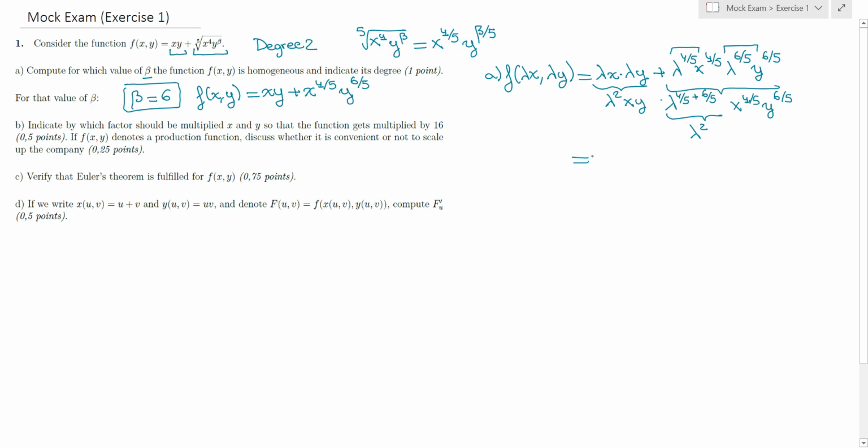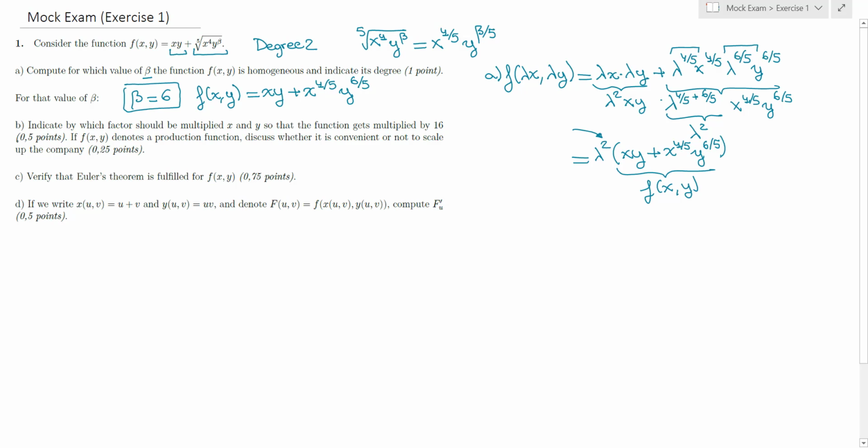So eventually we end up with lambda squared times xy plus x to the 4/5 y to the 6/5, which is the original function. So we have shown through the definition that indeed the function is homogeneous because lambda pops up in front with one exponent, and this exponent turns out to be 2.